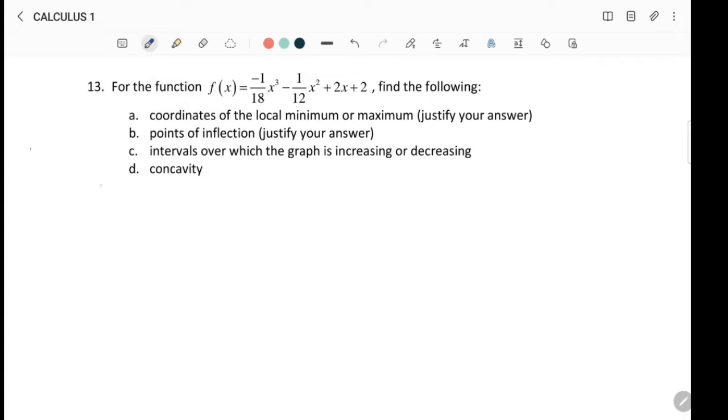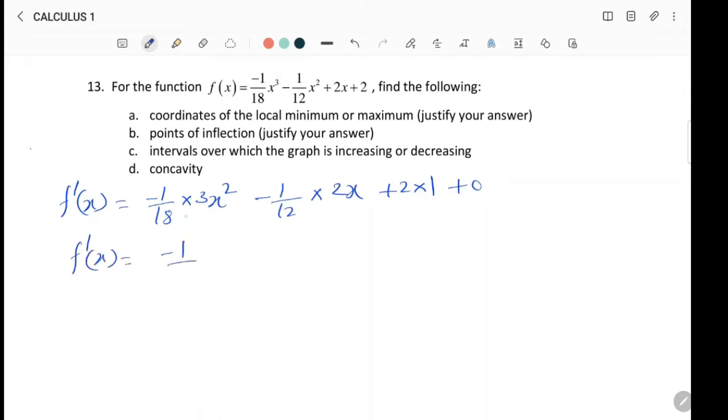First, we need to differentiate. So, minus 1 over 18 times x cube, differentiation is 3x square, minus 1 over 12 times x square, differentiation is 2x, and 2x differentiation is 2 times 1, and 2 differentiation is 0.